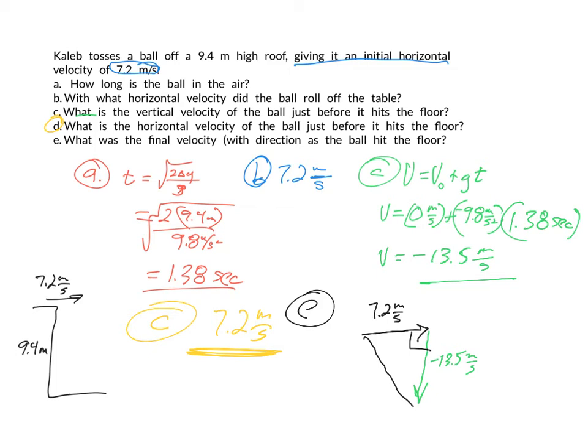So it's 7.2 squared plus 13.5 squared, square root, and I get 15.3 meters per second.